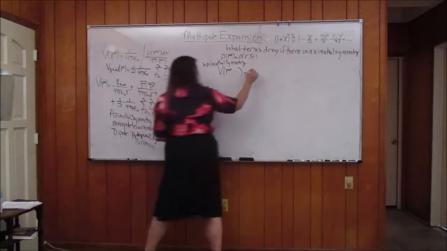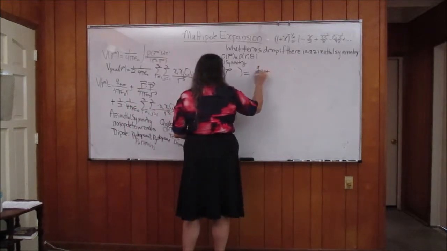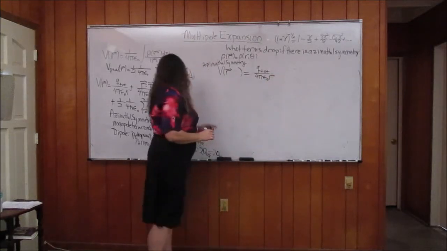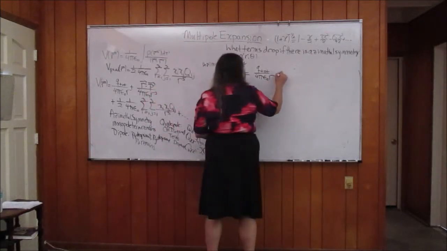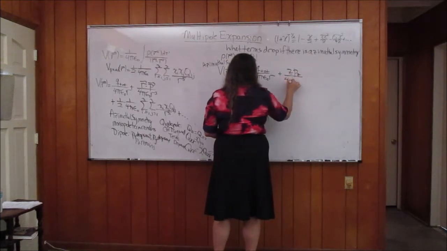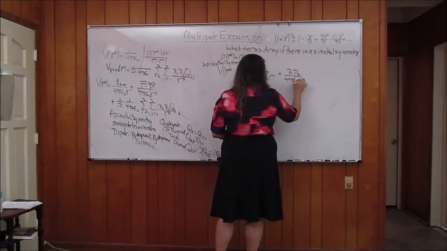So we just have Q total over 4 pi epsilon naught r. We've got z pz over 4 pi epsilon naught r cubed.